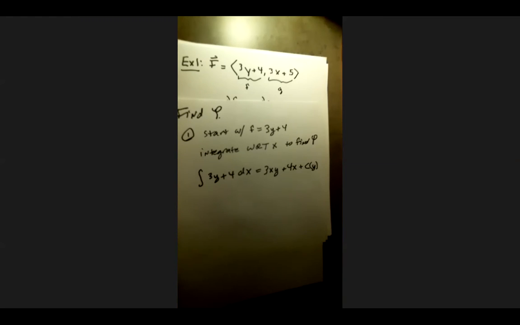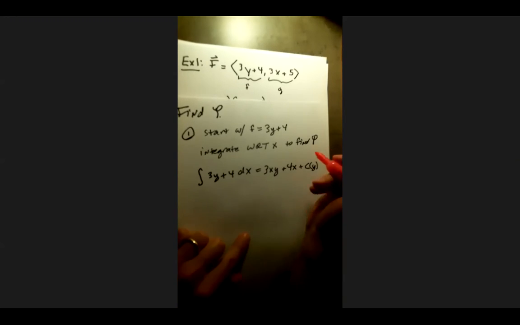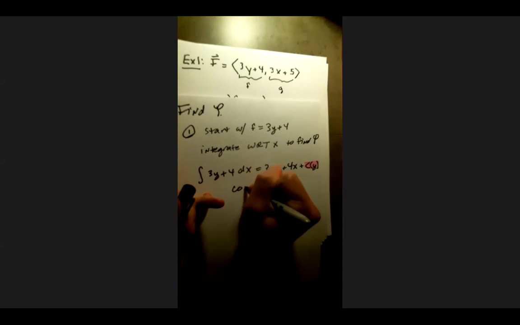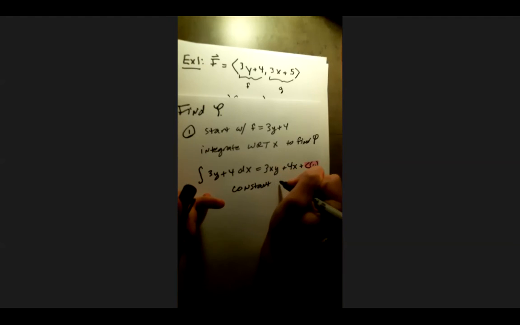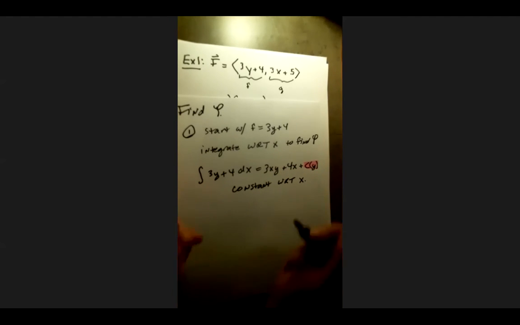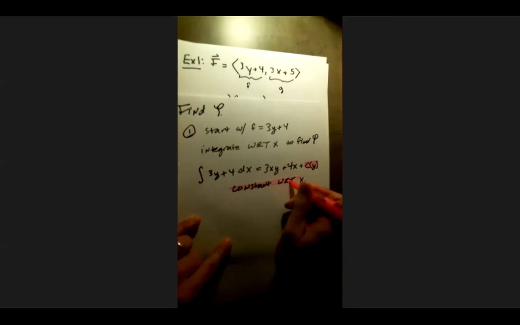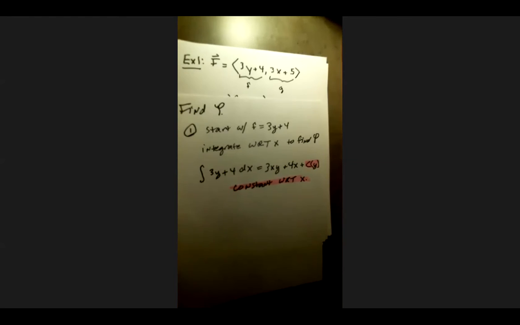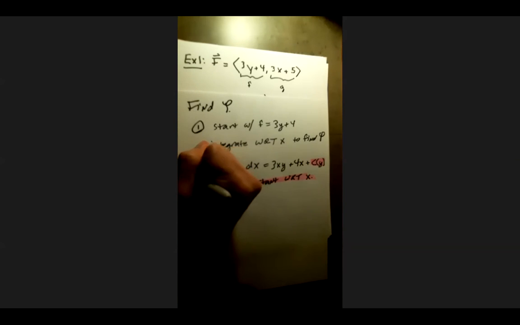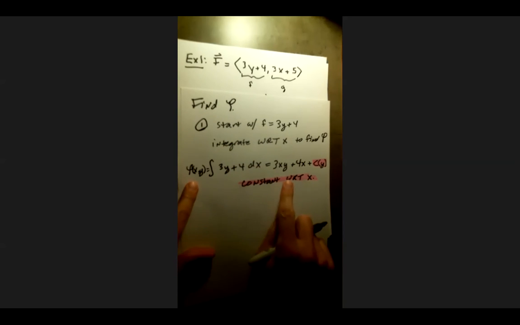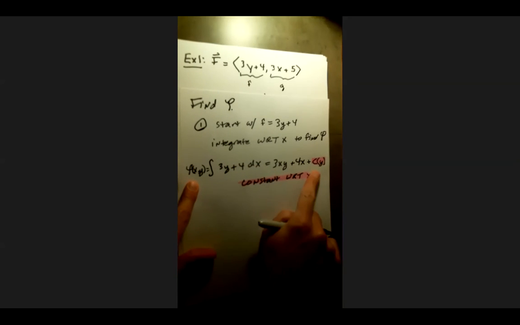So this c of y right here is a constant with respect to x. Okay, so we integrated and found our potential function phi. So phi of xy is equal to 3xy plus 4x plus c of y.